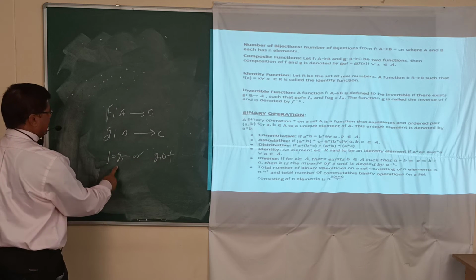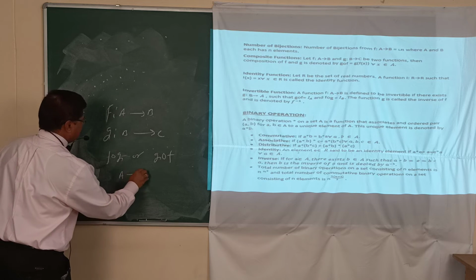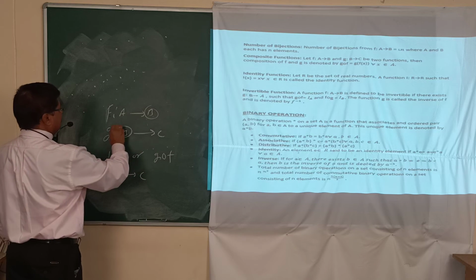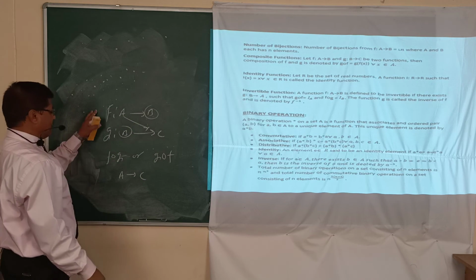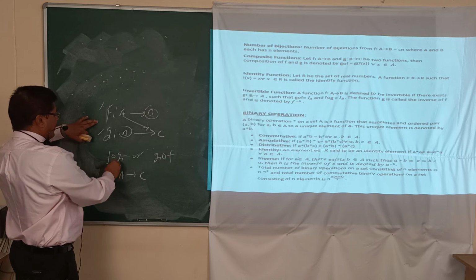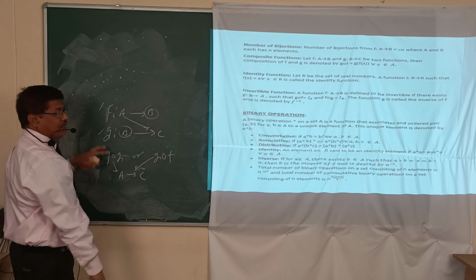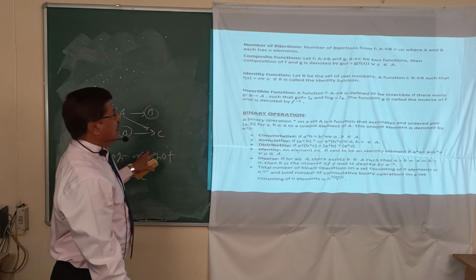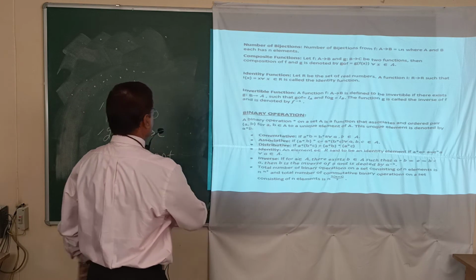These are composite functions. How to write? This is from A to C directly, B removed. So this is your composite. We compose the first function and second function, and write fog or gof in this form.